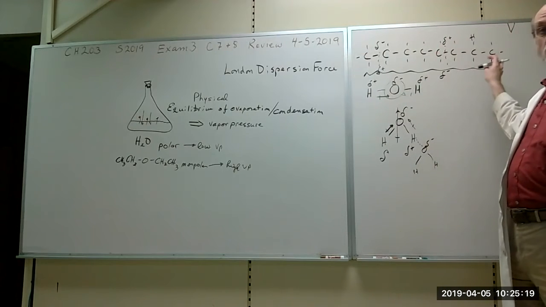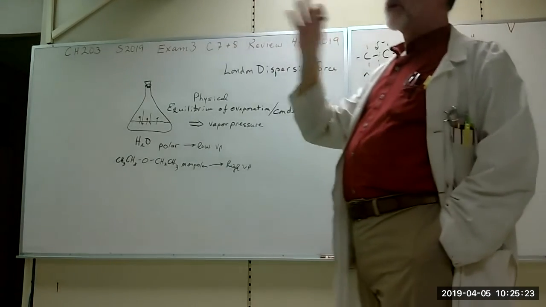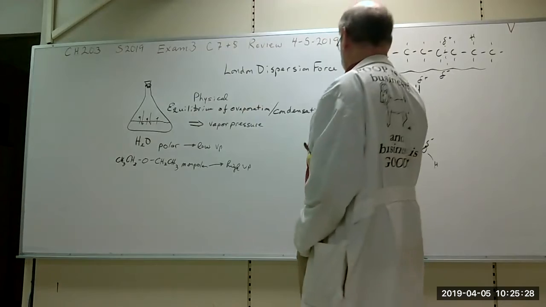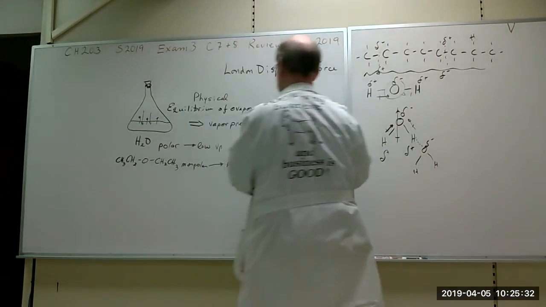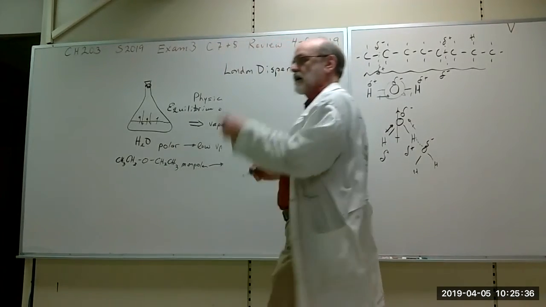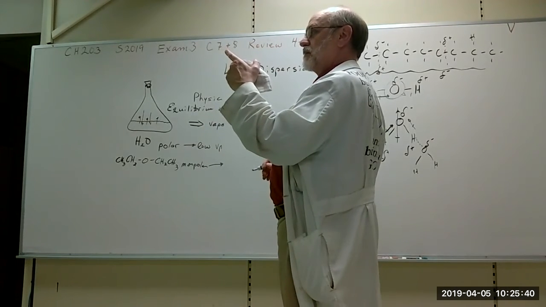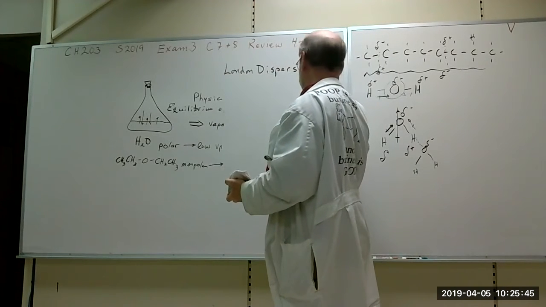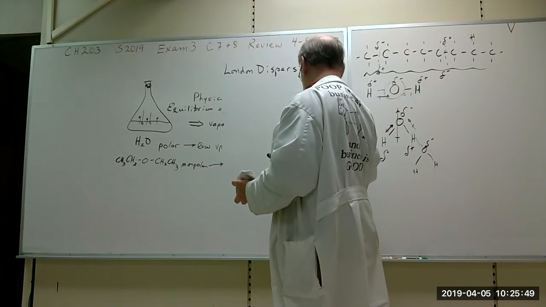Now, it doesn't have to be a long molecule like that. We have London dispersion forces for noble gases too, right? So if you set up a chart for the noble gases, neon, argon, krypton, xenon.